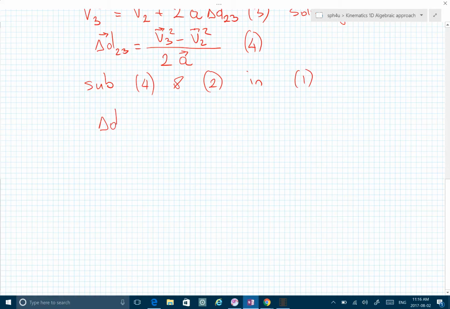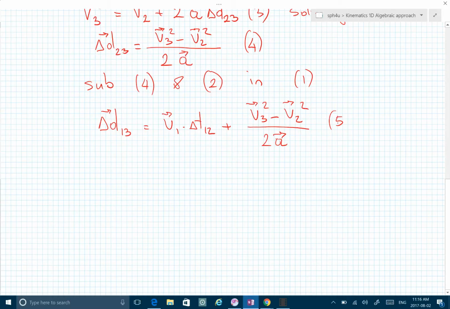So delta d from 1 to 3 is equal to v1 times delta t from 1 to 2 plus v3 squared minus v2 squared divided by 2 times the acceleration.